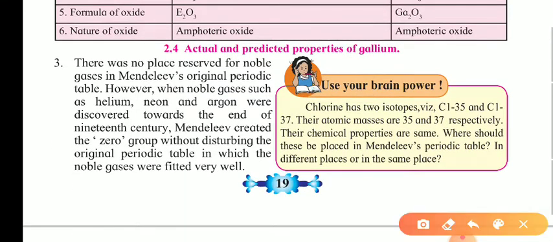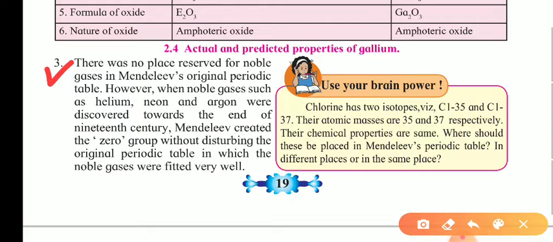Further, the third merit of this: there was no place reserved for noble gases in Mendeleev's original periodic table. However, when noble gases such as helium, neon, and argon were discovered towards the end of the 19th century, Mendeleev created the zero group without disturbing the original periodic table, in which the noble gases fitted very well.